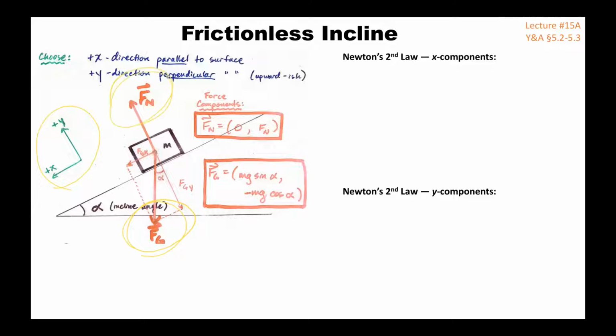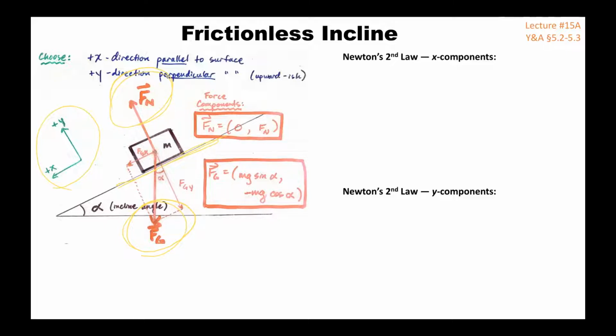However, the normal force is not away from the center of the Earth, but is perpendicular to the surface of contact. If you think back to our definition of normal force, the direction that it acts is always perpendicular to the surface that the object is touching, right? The surface of support. So if we were to choose our positive y direction to be vertically upward, that would actually be complicated because the normal force would not lie along the axis.